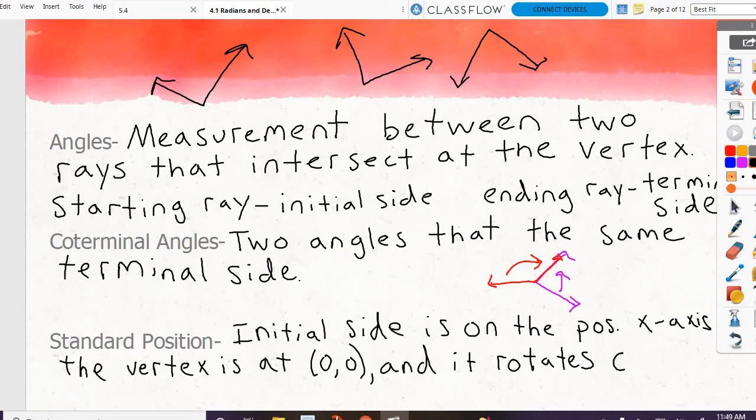Counterclockwise. Yes? So a lot of this is just vocabulary. That way we're kind of all on the same page when we try to describe things or write about things, that we know what we're asking about. Yes? Maybe?